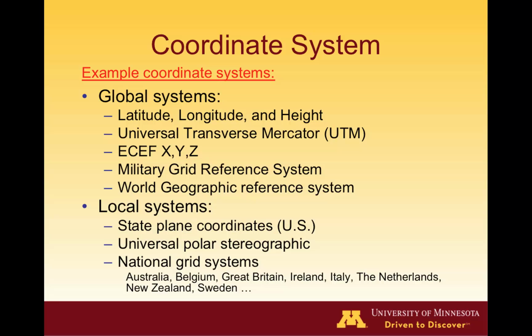The State Plane coordinate system is the US version of a national grid system. Or not, let me correct myself. The national grid system tries to separate a nation, a country, into a number of grids and use the best coordinating method for every single grid, so that in the end you get the whole national system.